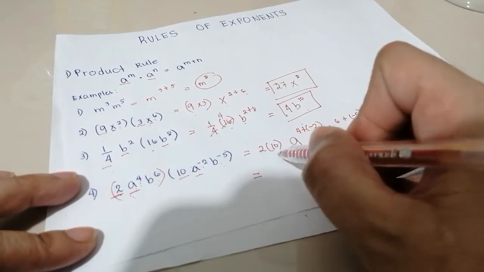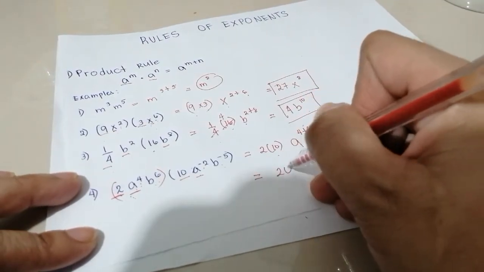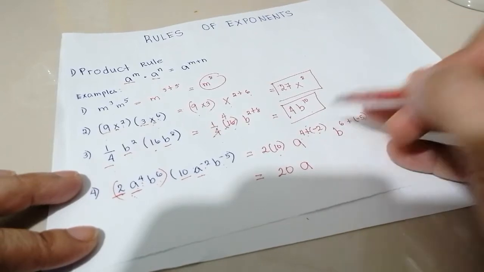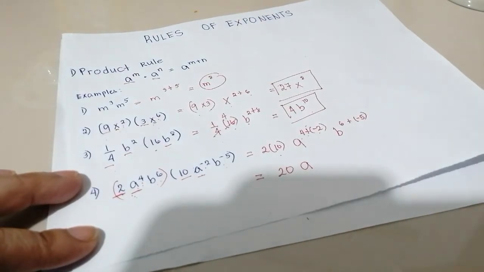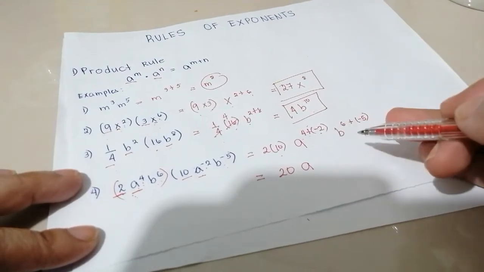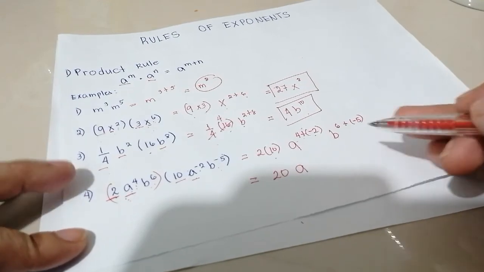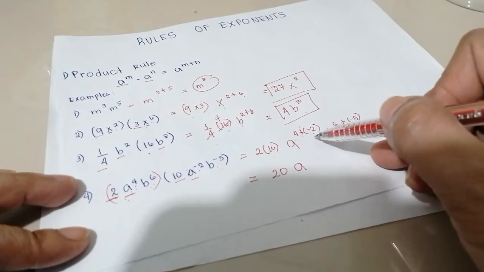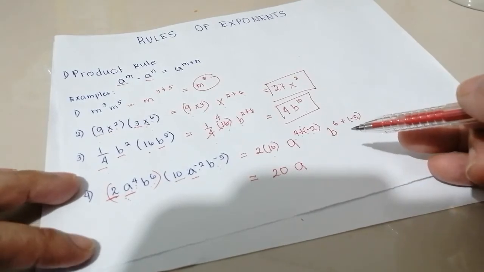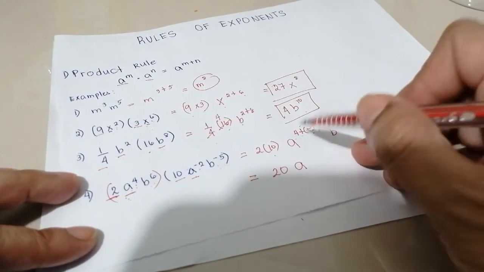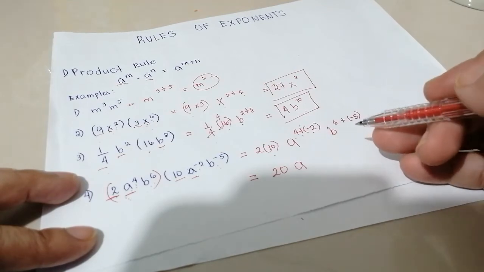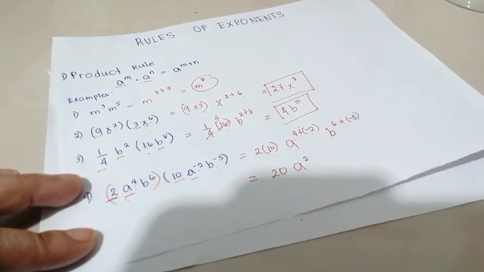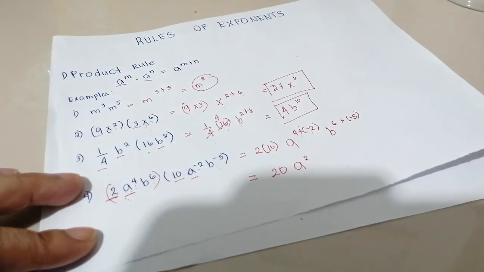So, 2 times 10, that will be 20. a, 4 plus negative 2. So, since the signs are not the same, babalikan natin yung knowledge natin about integers. So, unlike signs sila, so what we do, we have to subtract them even if the operation is addition. So, this will become a raised to the second power. Okay?